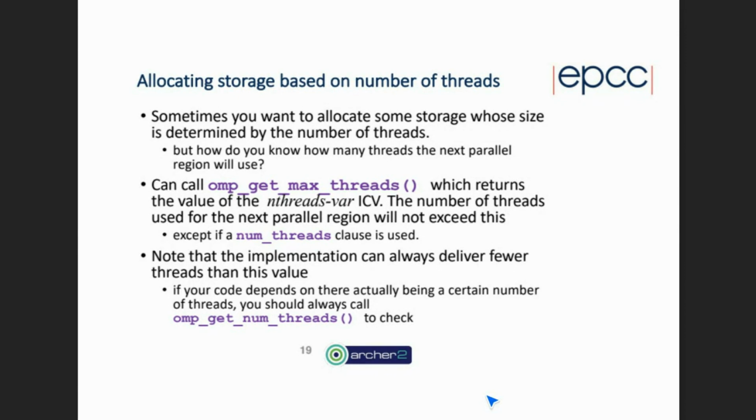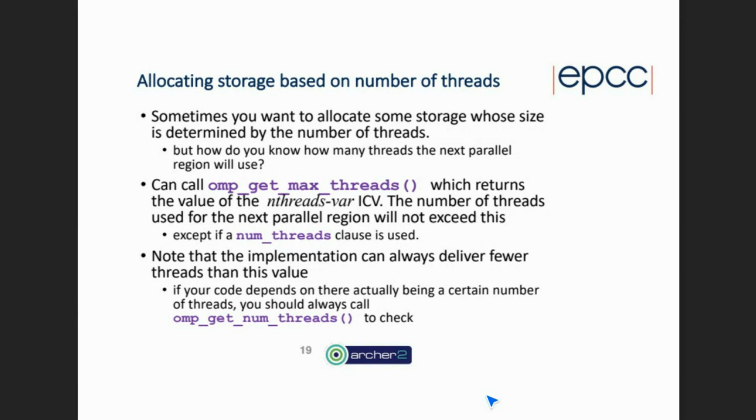You can't call OMP get num threads outside of a parallel region, because that's going to return you 1. If you call OMP get num threads in the sequential part of the program, that just returns you 1. That doesn't tell you what you want to know. But there's this other function called OMP get max threads, which returns the value that you want.